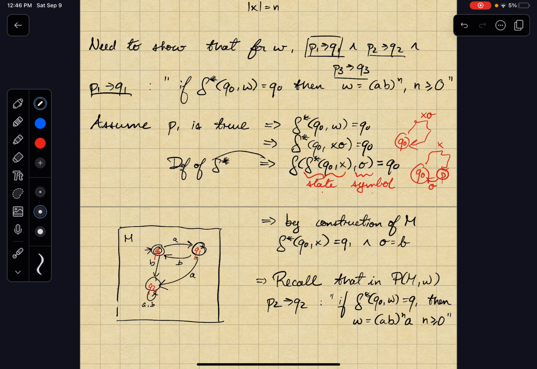But now recall that this holds in the inductive hypothesis, right? So this statement is true for the inductive hypothesis, right? So this is in the inductive hypothesis.